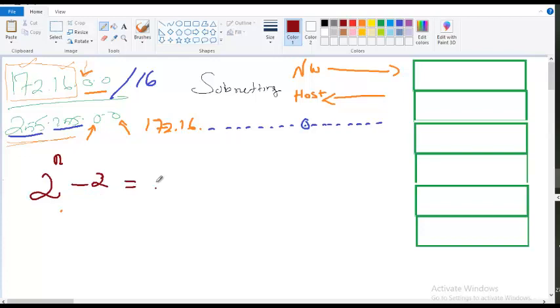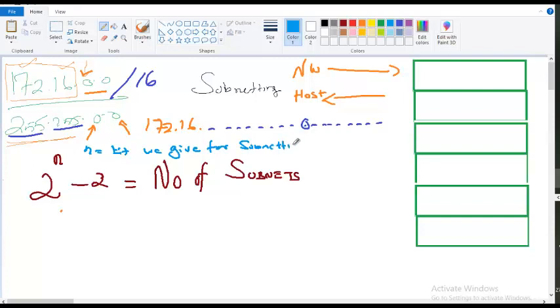This will give you the number of subnets. Here, the small n means bits we give for subnetting.